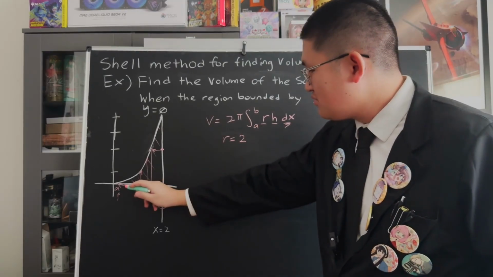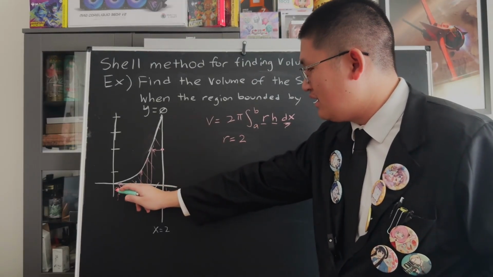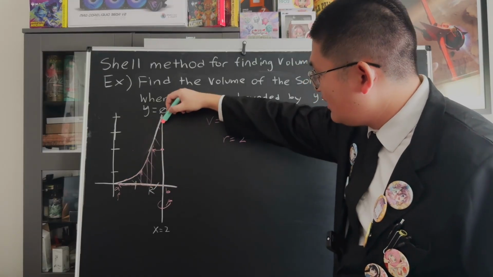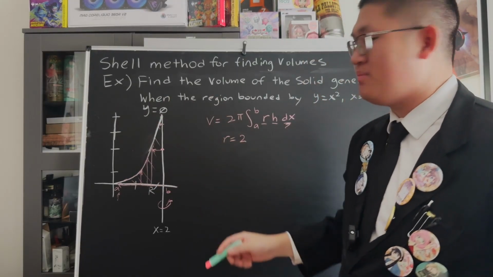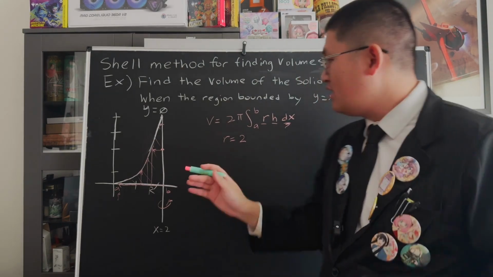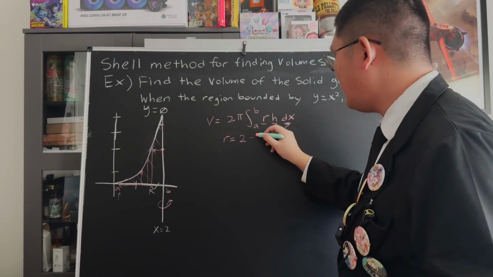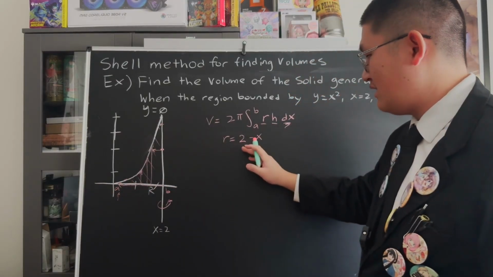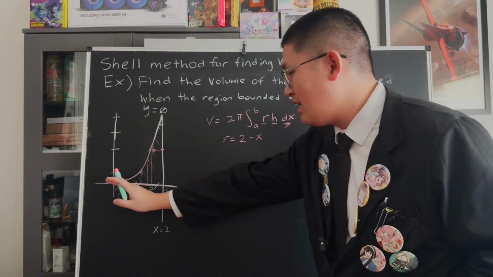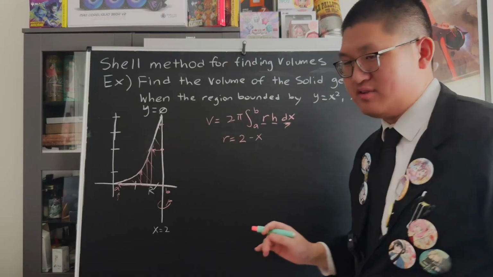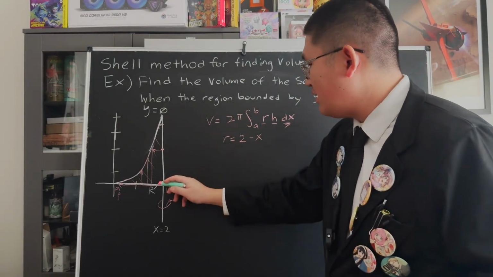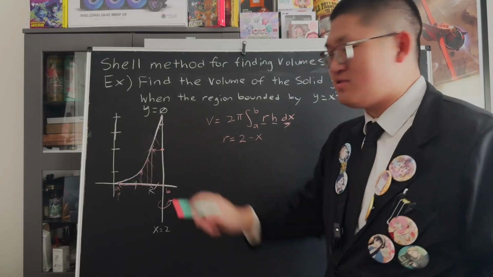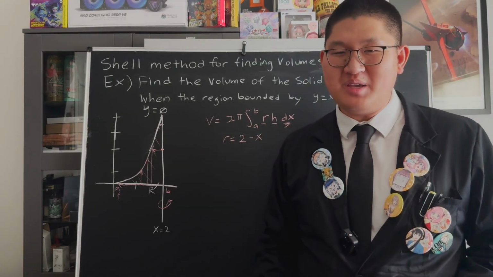But as we continue to climb across, going from the limit a all the way to b, that radius will decrease as we move closer, eventually reaching 0, depending on where x is along that graph. So the radius is 2 minus x. You start at 2 for the full radius if x was equal to 0, but moving across each different layer of the shell, we end up with x equal to 2, giving us no radius once we reach the very top at the limit of b.